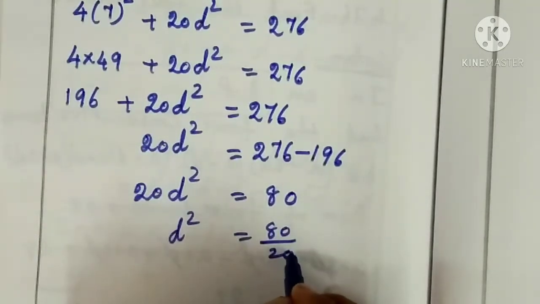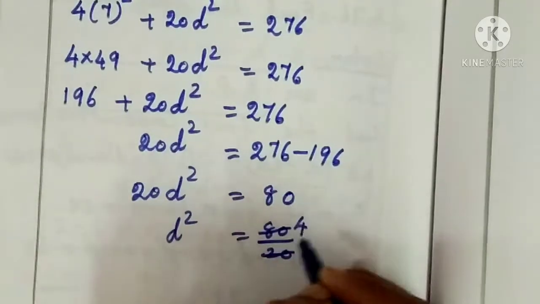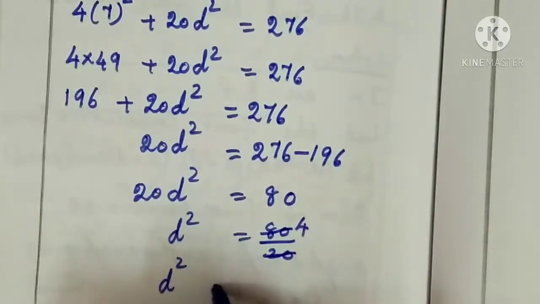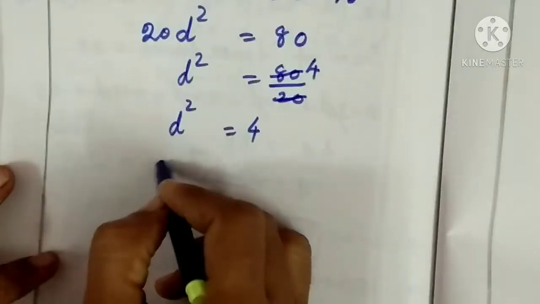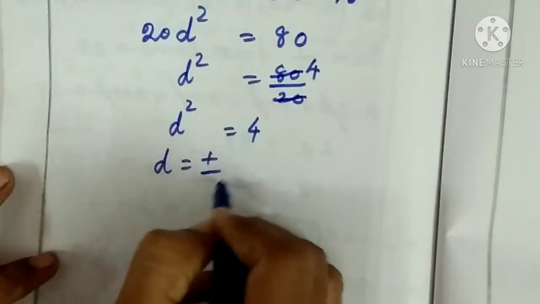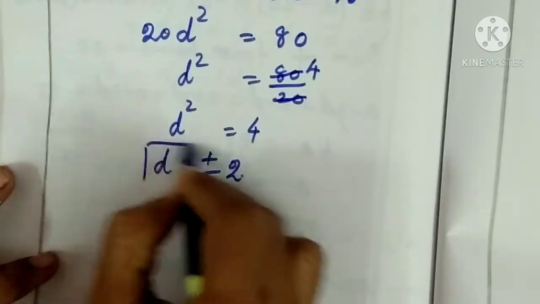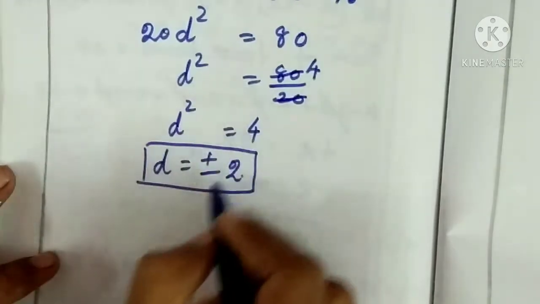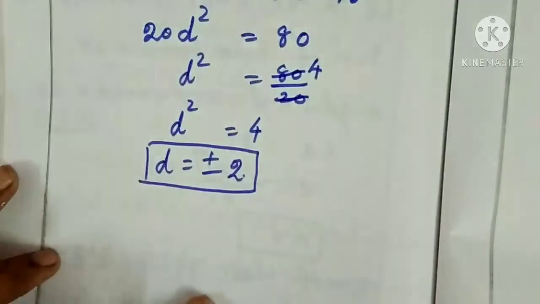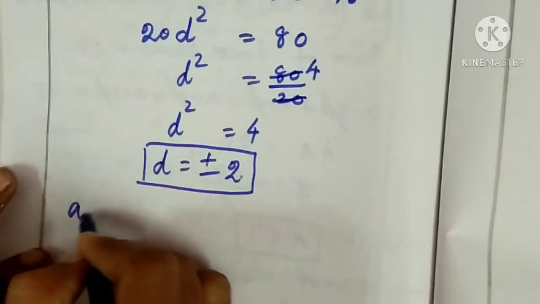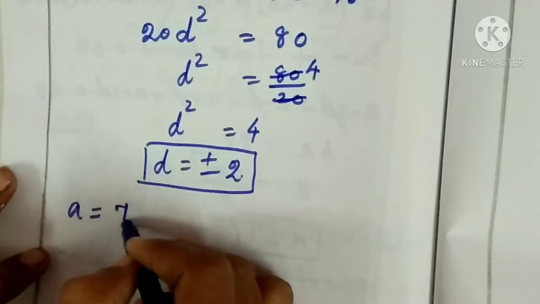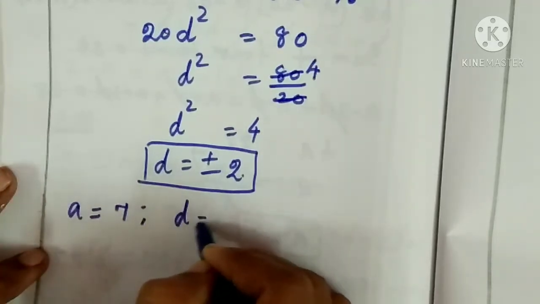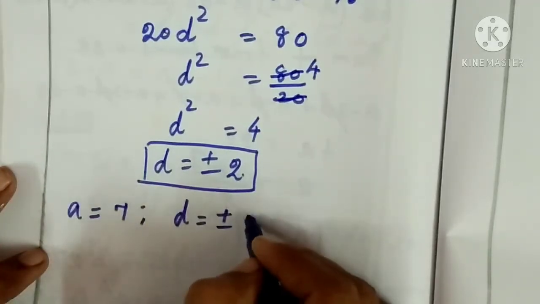Cancelling, 4 20s are 80. Therefore, d squared is equal to 4 and d is equal to plus or minus 2. The square root of 4 is plus or minus 2. Now, we have the value of a is 7 and d is equal to plus or minus 2.